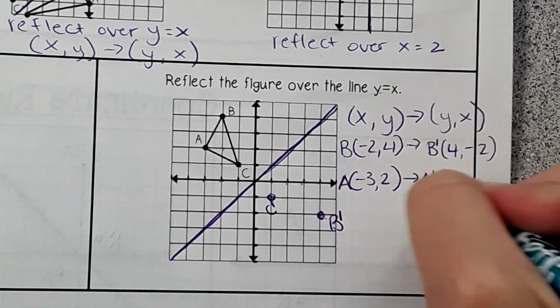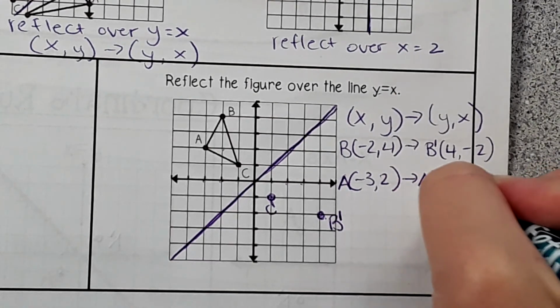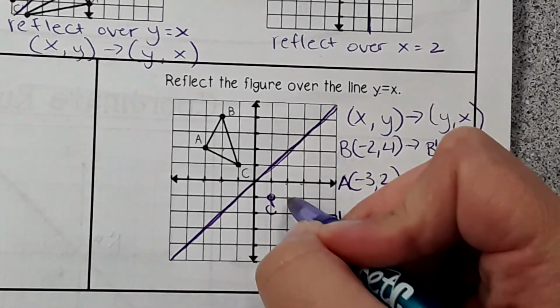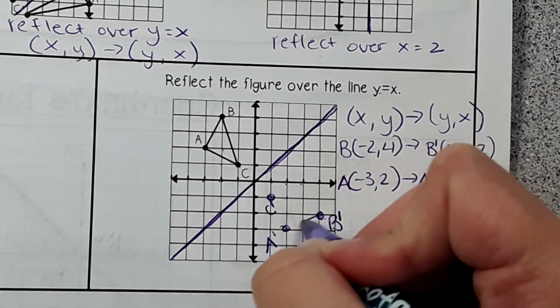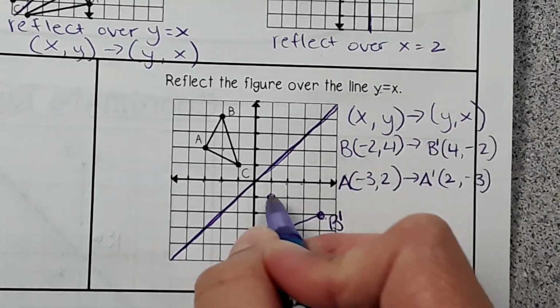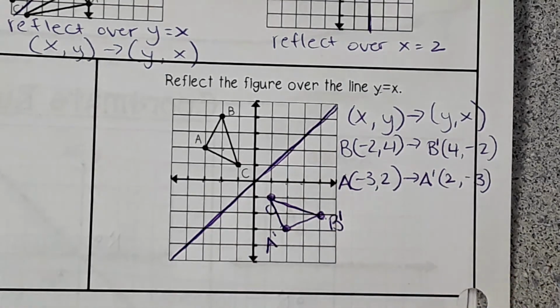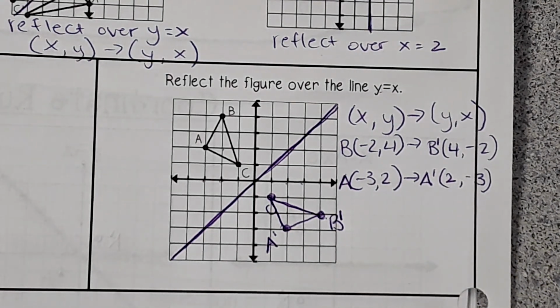So A prime would be at 2, -3. And then you can connect your dots. And then of course just make sure that that answer is logical. If you made an error, it'll be very obvious.